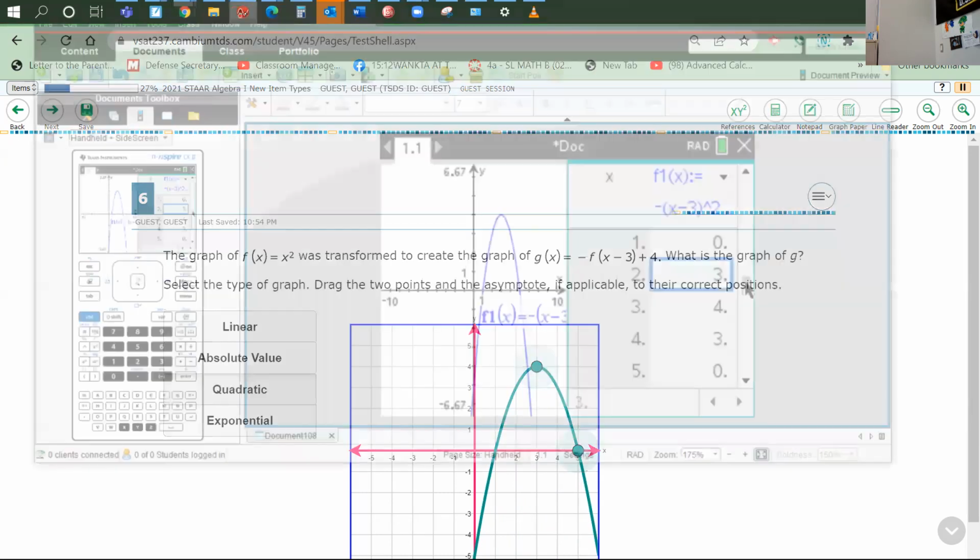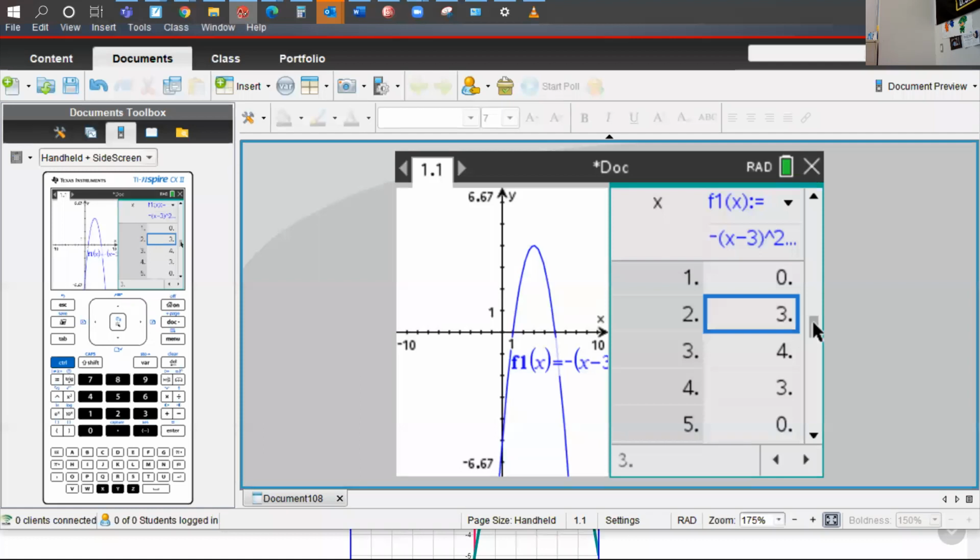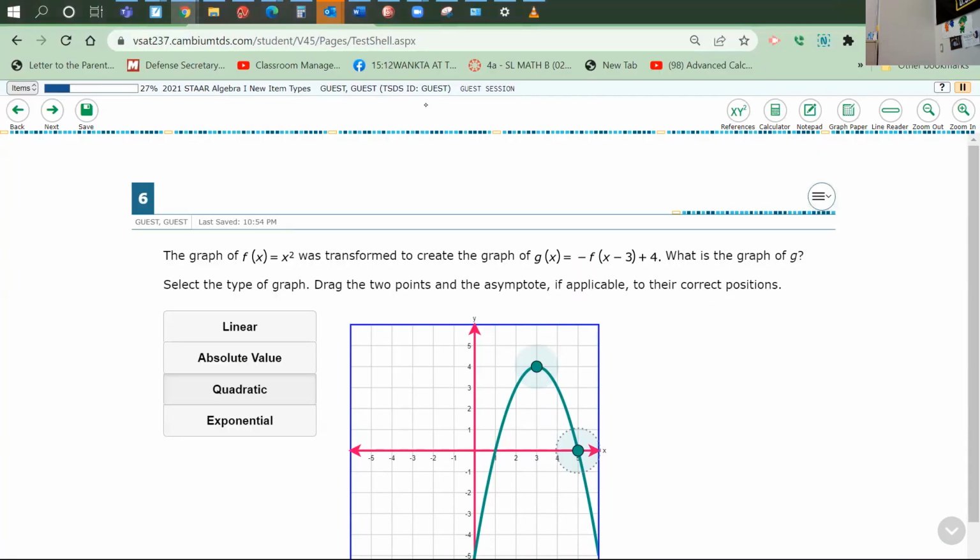Give me a second, I want to make sure. Oh, when x is 4, I had it backwards. When x is 4, y is 3. Right, okay, right there. So I can use this one, 4, 3, or 5, 0. Either one, but you've got to make sure you pick the right points. All right, good. And that's it right there.